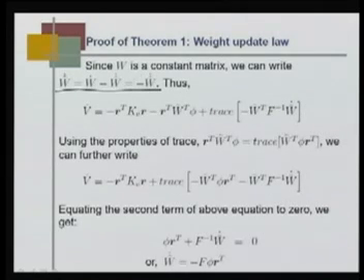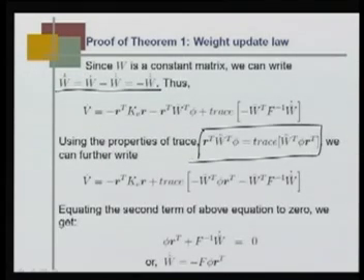Using the properties of trace, we will utilize this theorem, which says R transpose W tilde transpose phi is trace of W tilde transpose phi R transpose. So, we can further simplify the rate derivative of the Lyapunov function to minus R transpose KV R plus trace.